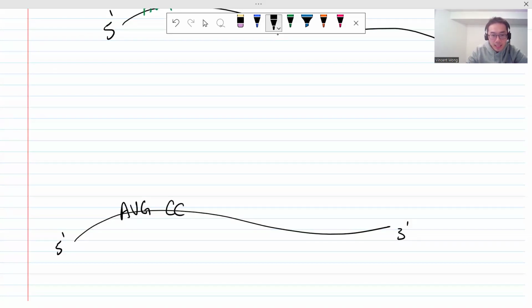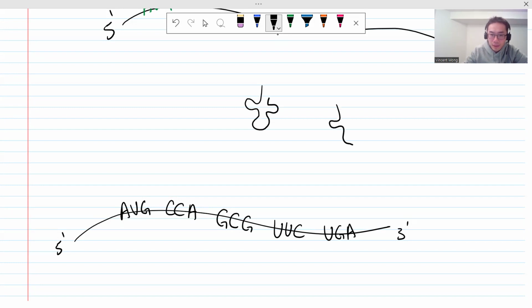CCA, GCG, and then UUC, and then just one more, UGA. So I'm gonna have a bunch of tRNA here. Maybe not a bunch of them. Let's just do 3 of them for now. So they all have their anticodon.